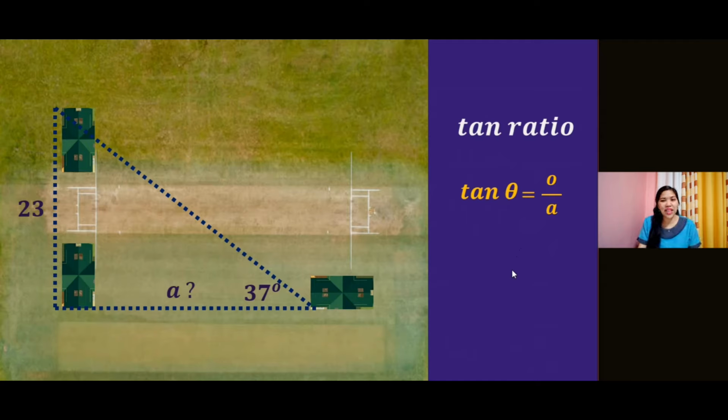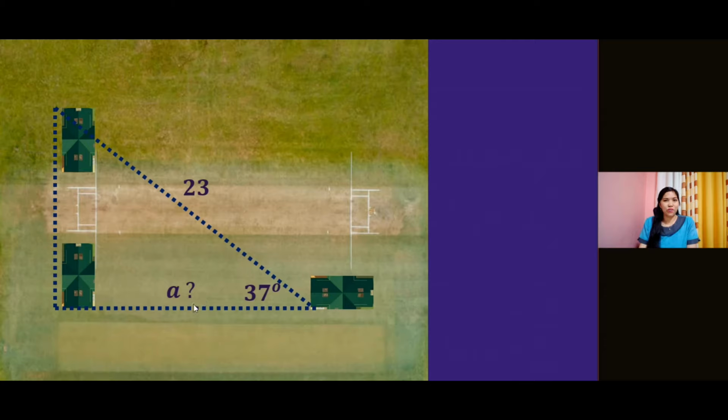Now let's solve this last illustration. How about if this is the scenario? We're looking for the distance between the computer laboratory and the grade 8 classroom, given that the distance from the principal's office to the grade 8 classroom is 23, and the angle is 37 degrees. What side is A?